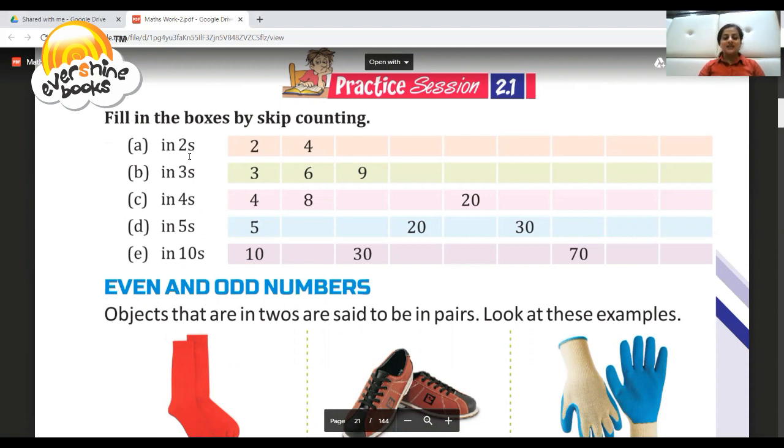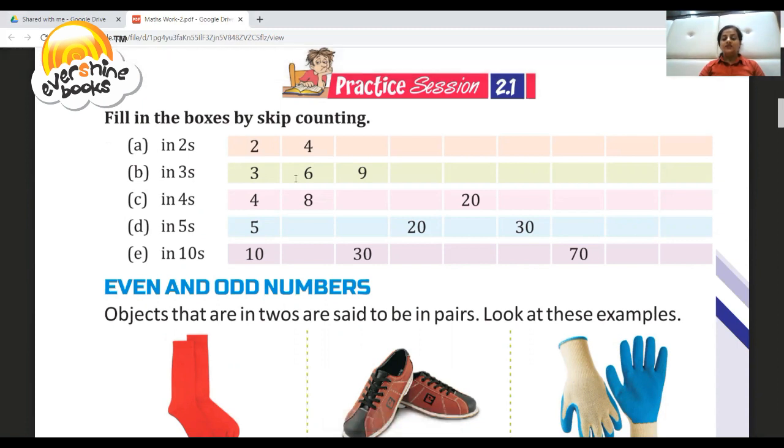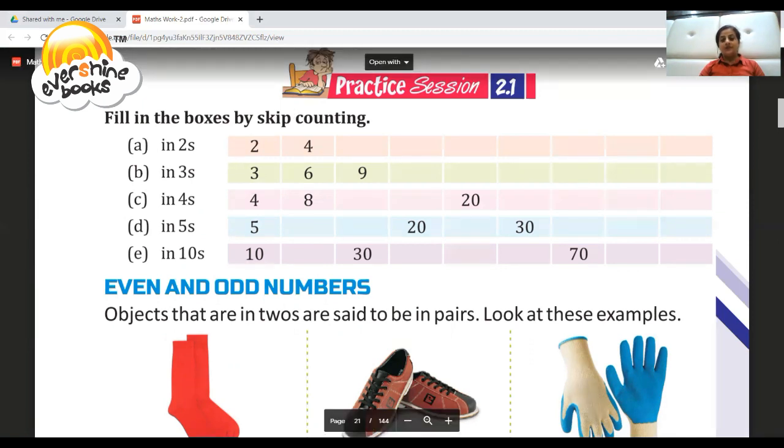So let's start our skip counting. The first is in twos, which means we have to do skip counting of two numbers. Like we have written here 2, 3 is left out, 4 is written, 5 is left out, 6 is written. 7 is left out, 8 is written, 9 is left out, 10 is written, 11 is left out, 12 is written.